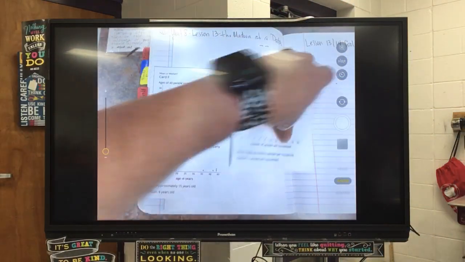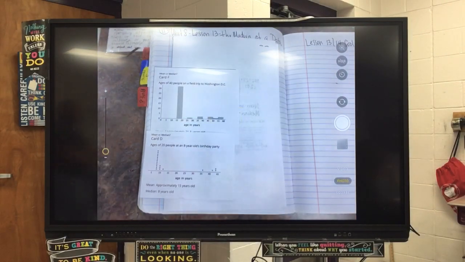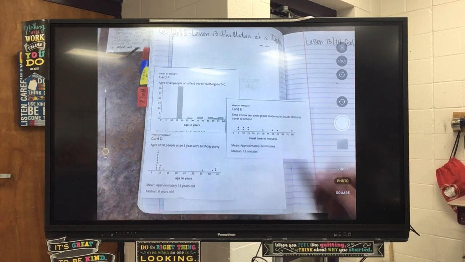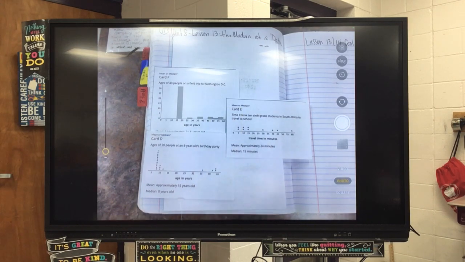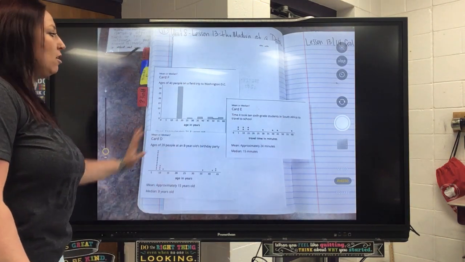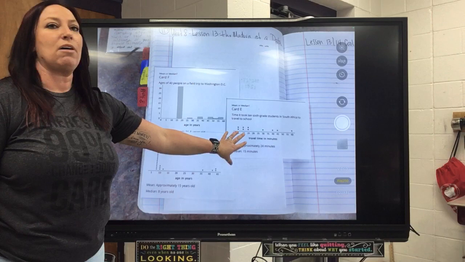So what card do we think could possibly fit better looking at the data now? Tabby? Card E. All right, so this is what card E looks like. Do we agree that's a better fit? Do you guys understand why it's a better fit? Okay, so Callie, you're saying no. Again, the majority of the data is at this side of the graph here, this side here, and this side here.